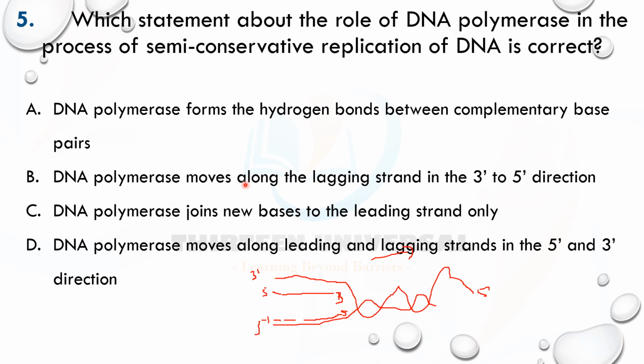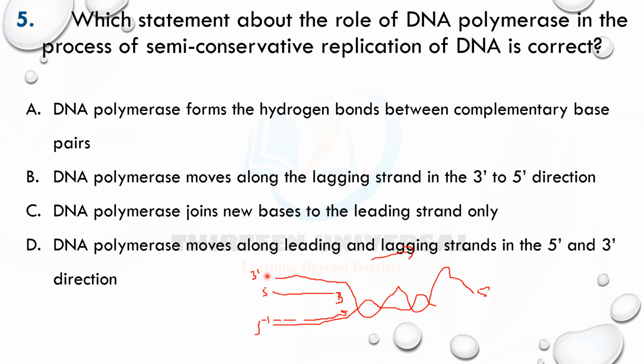So this B is wrong. This talks about the template. The template is moved along from 3 prime to 5 prime. But look at this: DNA polymerase joins new bases to the leading strands. It doesn't join new bases; bases are joined by complementary base pairing hydrogen bonds. This says DNA polymerase moves along the leading and lagging strands in the 5 prime to 3 prime direction. Yes, this is the leading strand, so it moves in this direction.